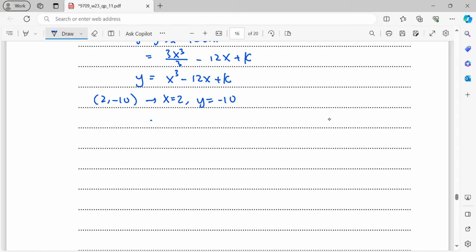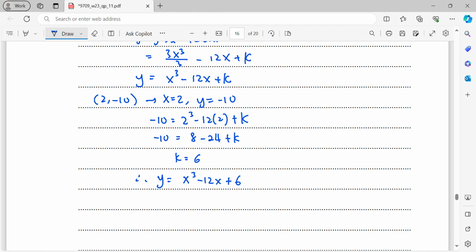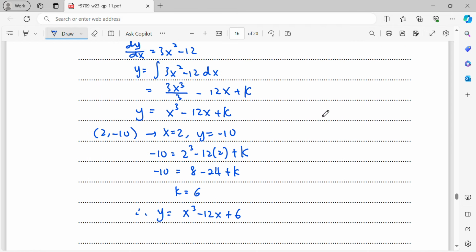I will get -10 is 2³ - 12 times 2 + k. So you'll get 8 - 24 + k equals -10. Then you will get k is 6. Hence, your y is going to be x³ - 12x + 6. So that's the equation of the curve.